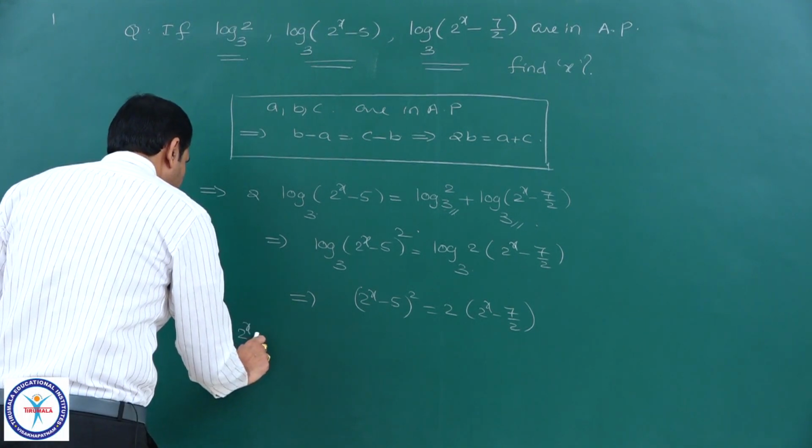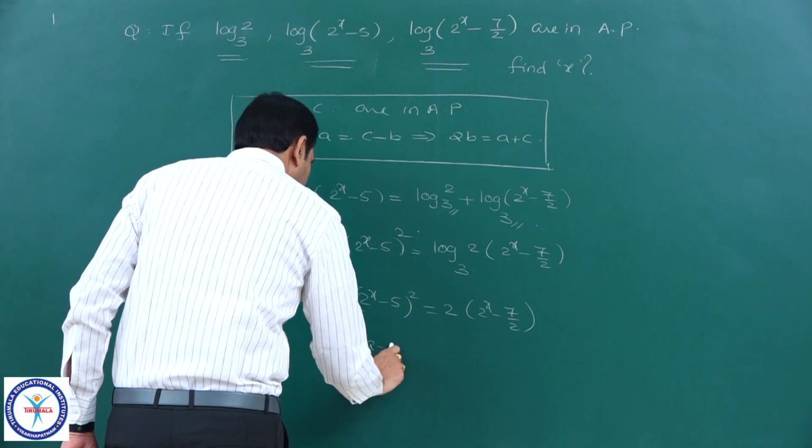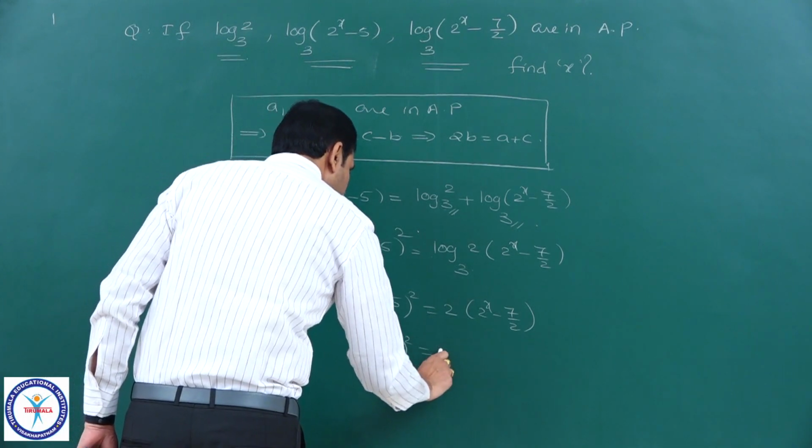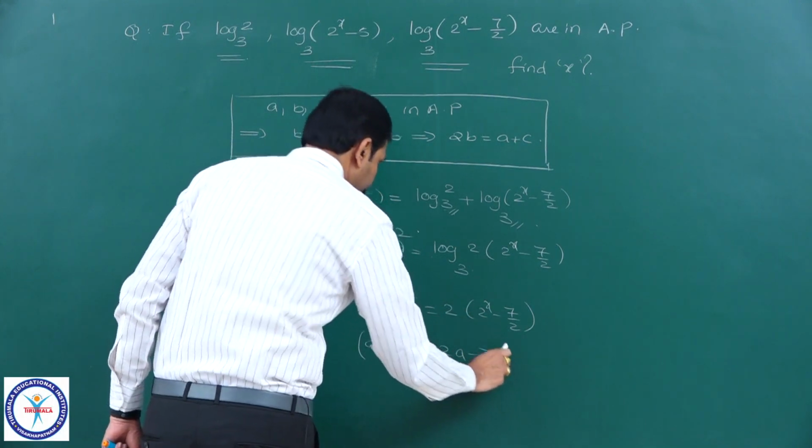I will take 2^x equal to some a. Now it will become (a - 5) whole square is equal to, I will multiply it, 2a minus 7.